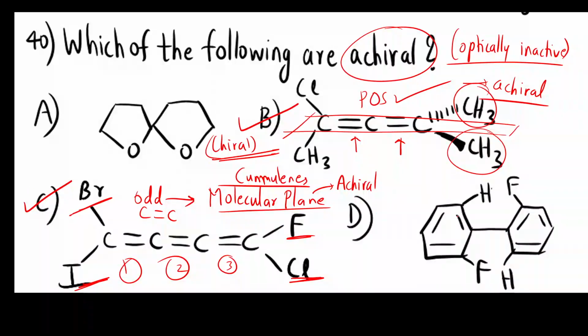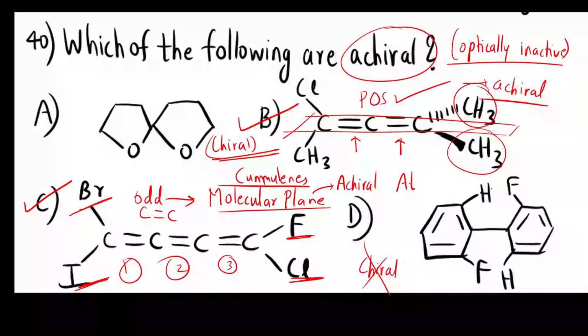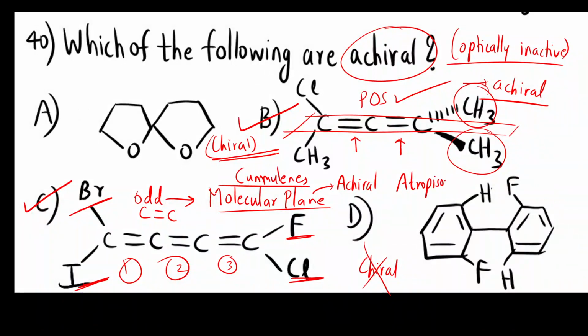C is also correct. D option, if you had seen this is a biphenyl and if you have thought that this is going to be chiral, then again it is wrong. Why? Because there is a condition that for biphenyl to show chirality, it should have bulky groups at the ortho position.